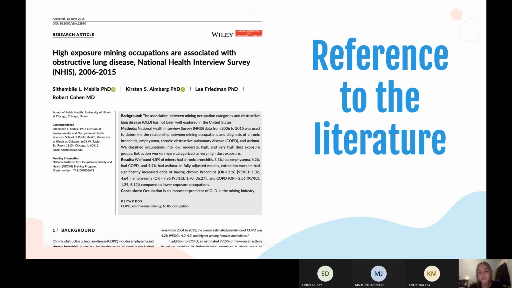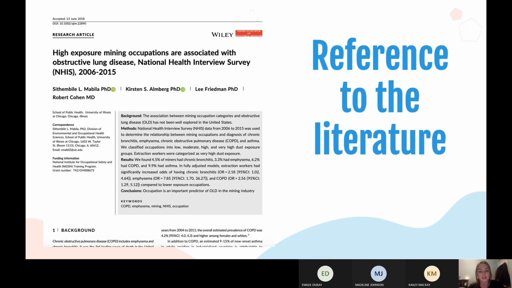So for a long time, studies have shown that coal mining is in fact contributing to chronic lung conditions, but oftentimes they talk about how it contributes to chronic bronchitis and emphysema and not so much COPD. So that's kind of why we wanted to look further into this.